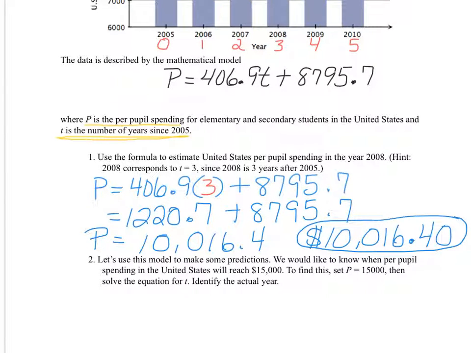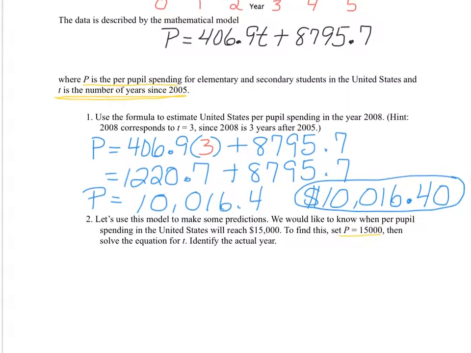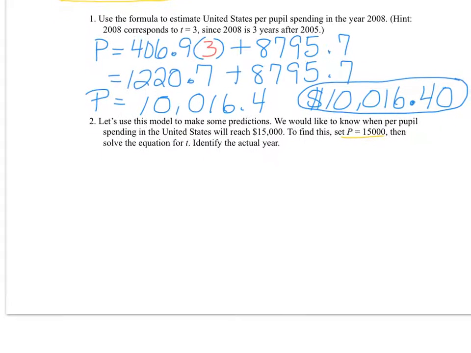Okay, number 2. Let's use this model to make some predictions. We would like to know when per pupil spending in the United States will reach $15,000. To find this, set P equal to 15,000. Then solve the equation for T. Identify the actual year. Okay, so that's what we're going to do right now.